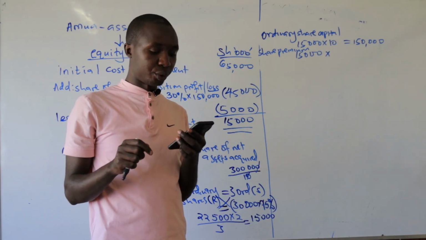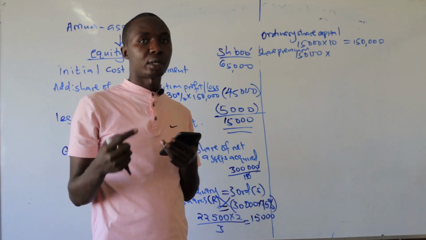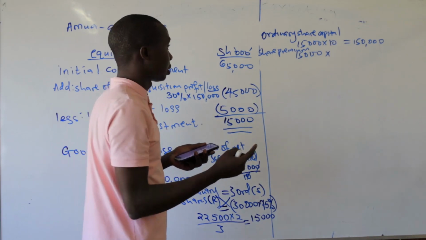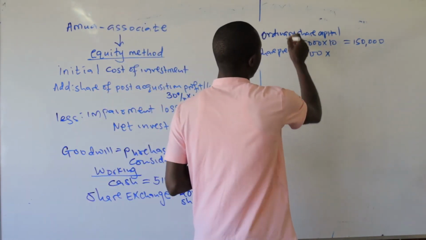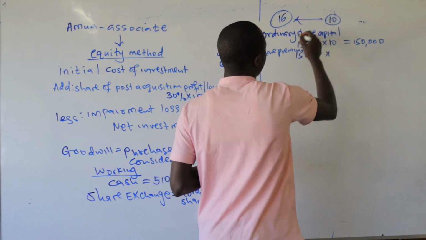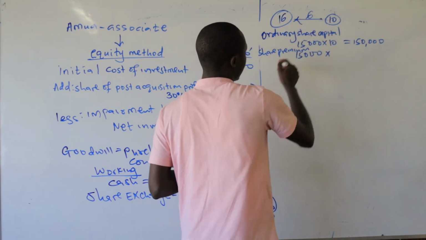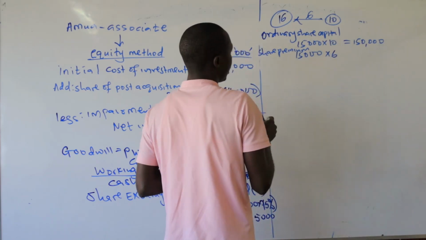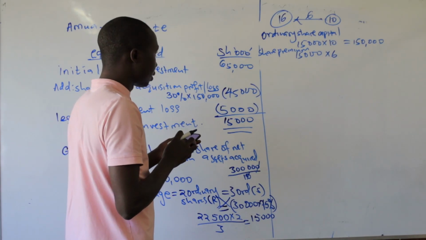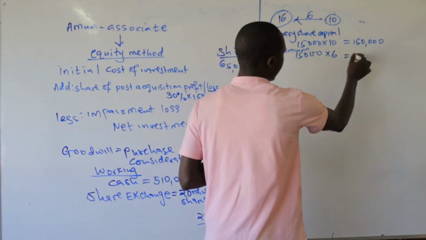So if they were issuing shares at 16, and the par value is 10, they are realizing an extra amount of 6 shillings per share. So that is what we call the share premium. So we take 15,000 times 6, that is 90,000.